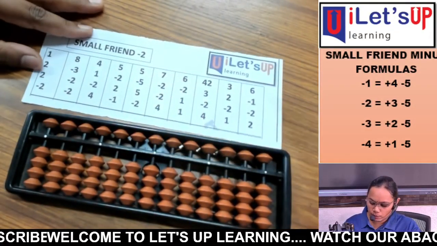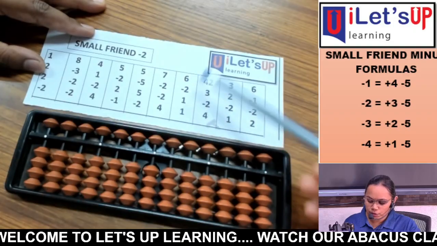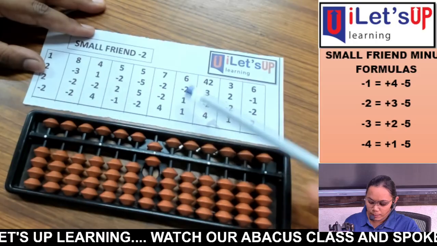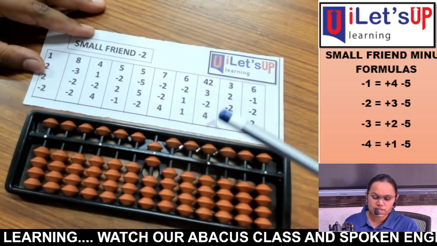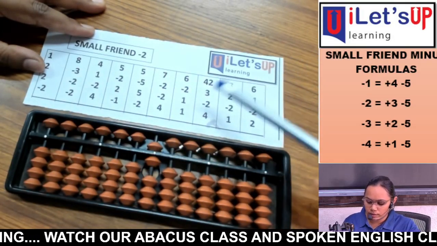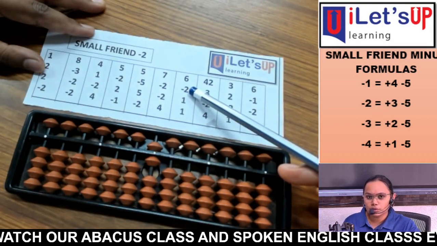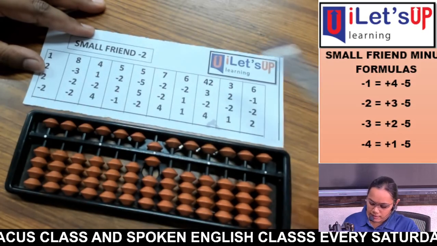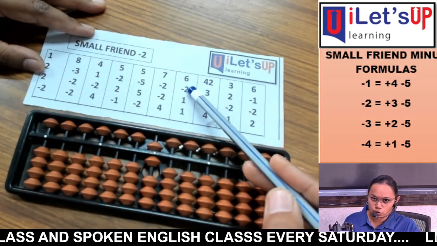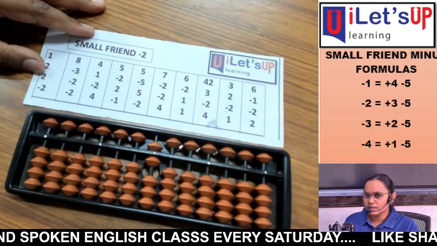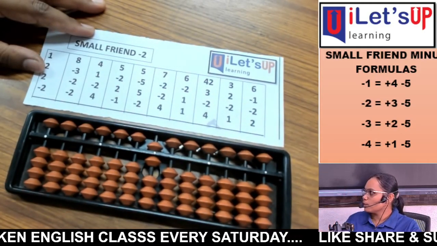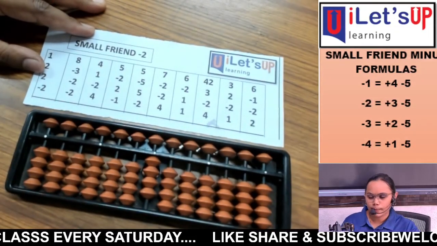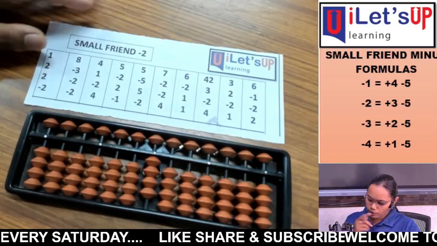Let's head towards the next question. So this is our next question. Represent 6. Represented. Subtract 2. Not possible to subtract 2 here. So what do I need to do now? Very simple formula. What does the formula say? If you want minus 2 and beads are not provided, apply the formula. The formula says add 3 subtract 5. That's it. Next, what do we have?